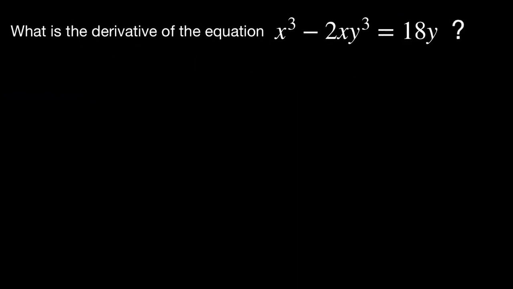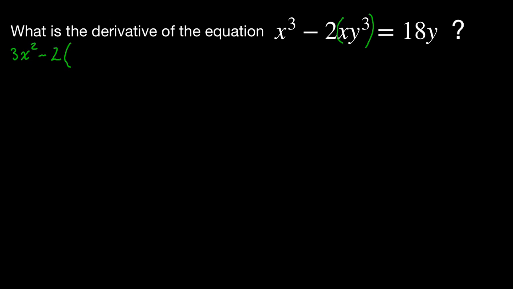All right, so our next problem says what is the derivative of this equation? So let's once again start out term by term finding the derivatives of these. So your first term is going to be 3x squared dx/dx, so we leave that part off, minus 2, which is a coefficient or a constant, so we're going to bring this part outside parentheses, and we're going to do chain rule with this, and then we'll distribute the 2 after we're done.